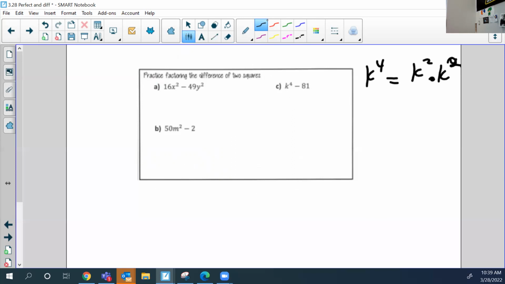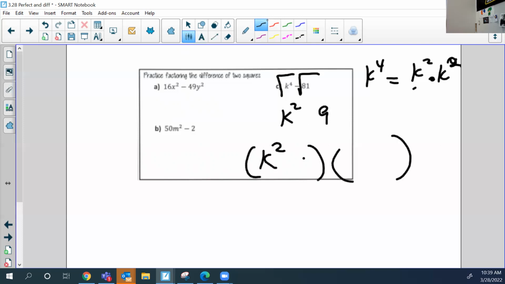So the square root of k to the fourth is just k squared, and the square root of 81 is 9. So I'm going to have my two parentheses, k squared and 9, k squared and 9. This one gets a minus sign, this one gets a plus sign, and that's your answer.